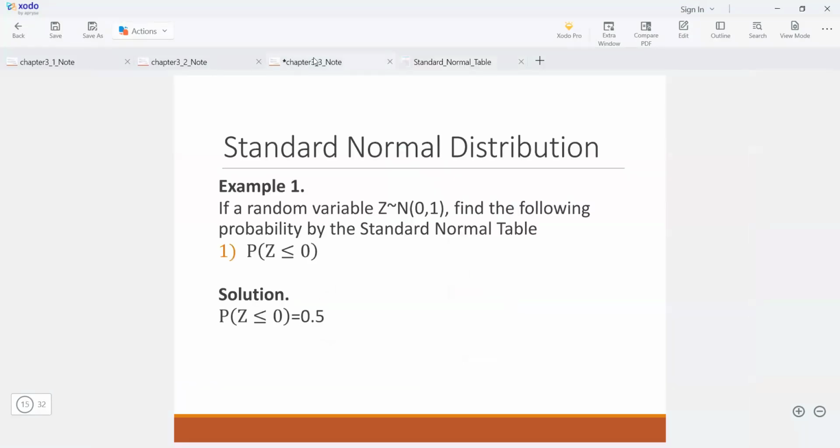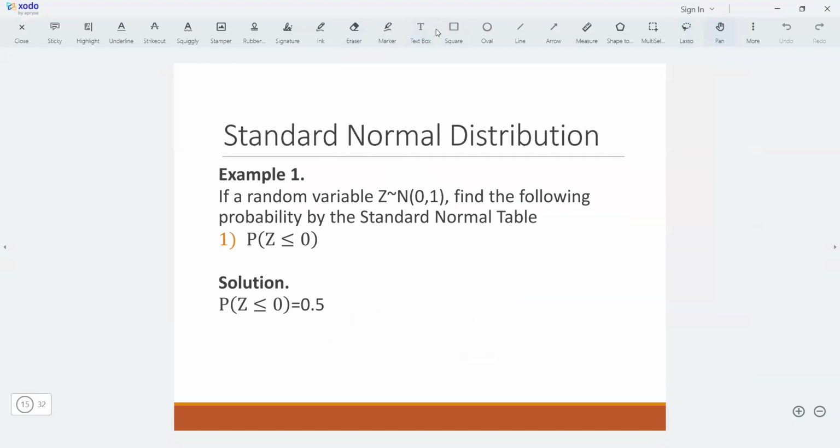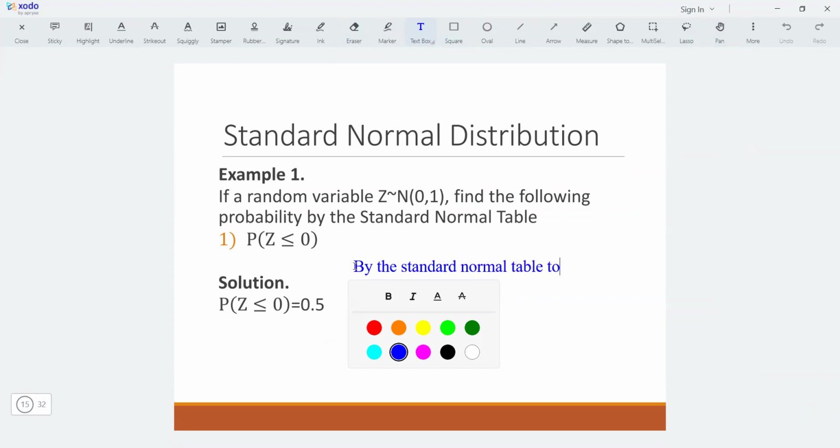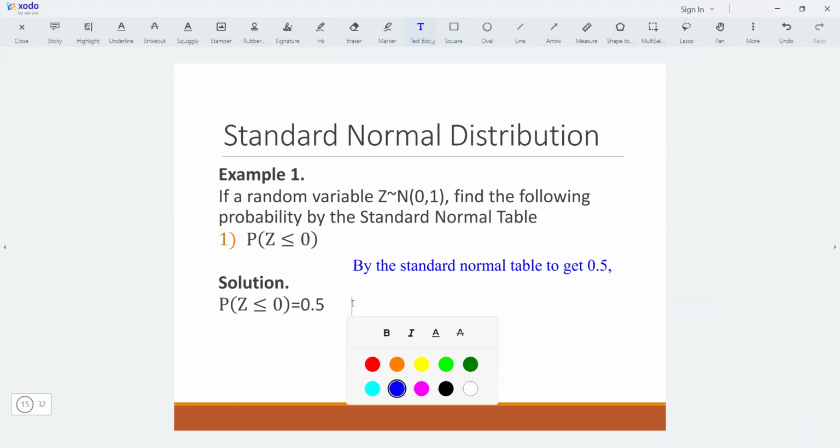Here I already wrote this: method 1 is to use the standard normal table, and method 2 is to use the symmetry property of the standard normal distribution, N(0,1). This is our first part.